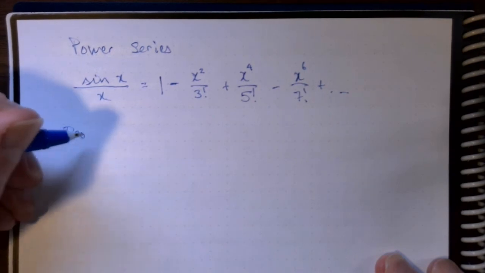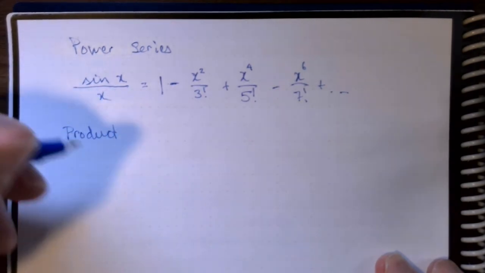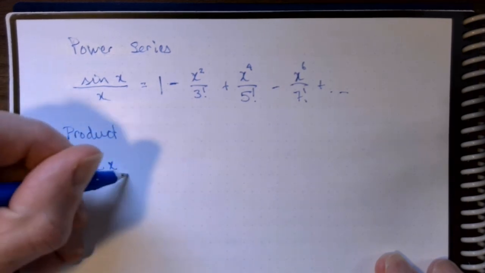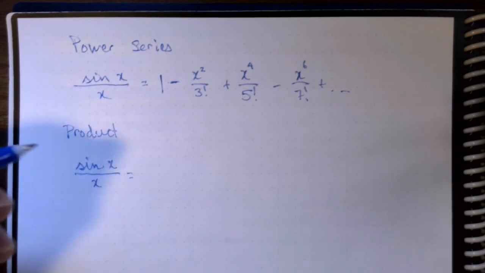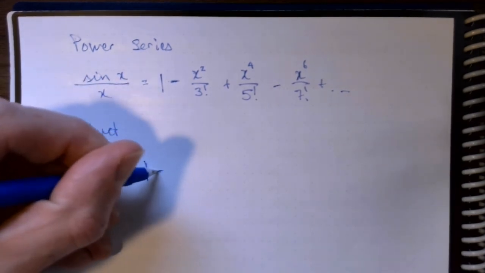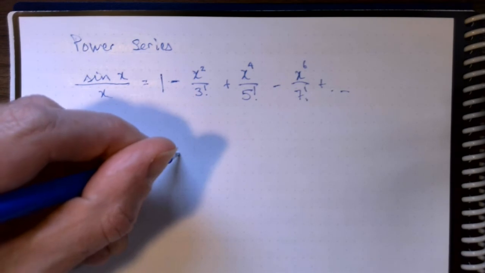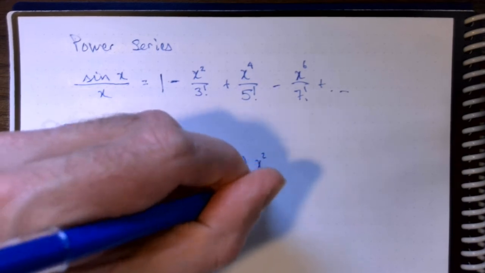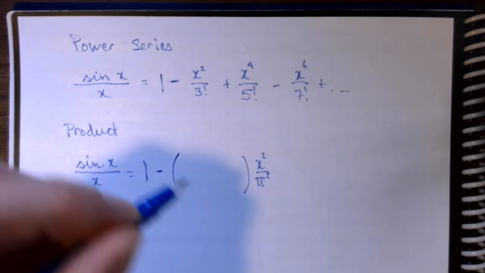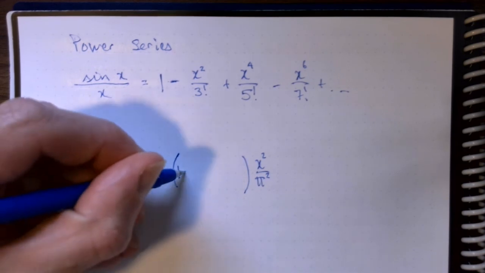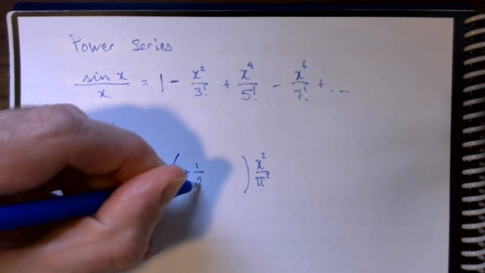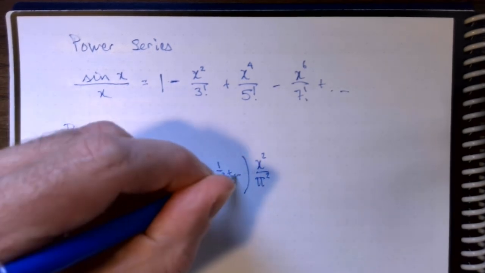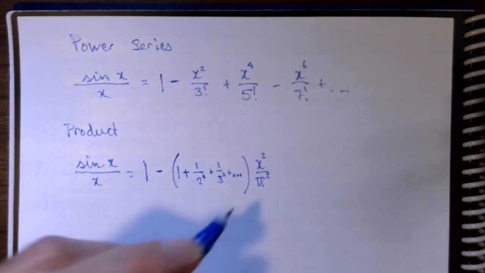And the series that we got from that product says that sine x over x could also be expressed as 1, and then there's going to be some stuff that involves x squared, and you remember each one had a pi squared, and it would be 1 plus 1 over 2 squared plus 1 over 3 squared plus, and that series would keep on going forever.